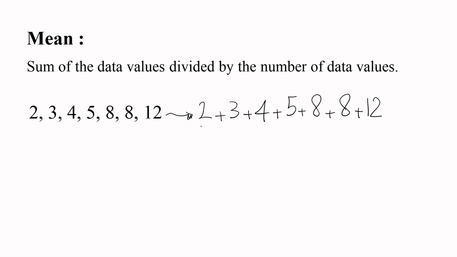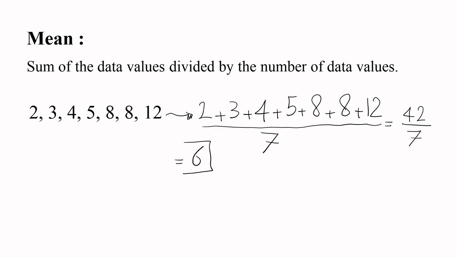And I must divide this addition by what? By the number of values. How many values do I have here? 1, 2, 3, 4, 5, 6, 7. 7. If I add all these numbers, I'm going to have 42 over 7. And it's going to be really simple. So the mean of this group of numbers will be 6.